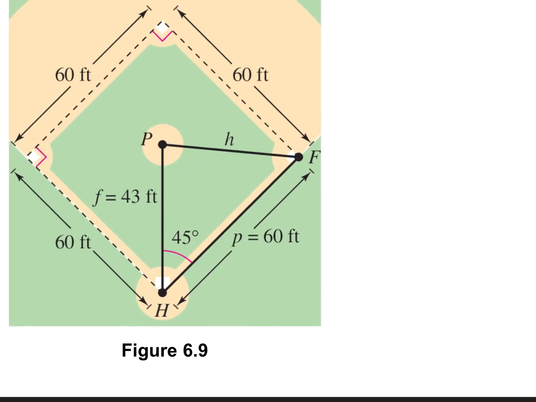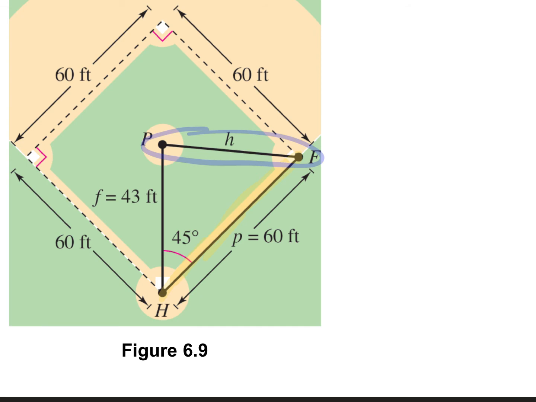So we are looking for this. Does everyone understand that side we're looking for? Come on, pay attention to what I'm doing. I want to know how far the pitcher's mound is to first base. Right here.